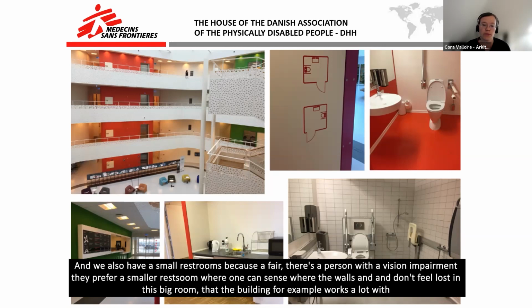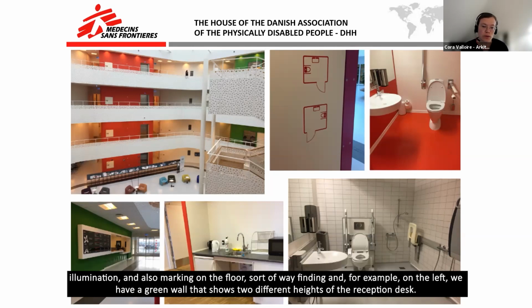That building works a lot with colors, illumination, and also markings on the floor, a sort of wayfinding. For example, on the left, we have the green wall that shows 2 different heights of the reception desk.